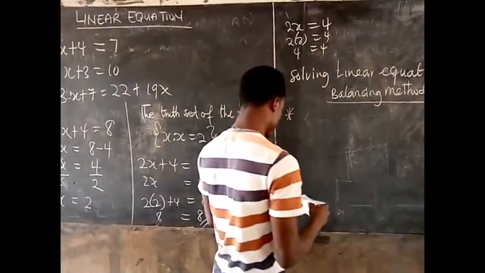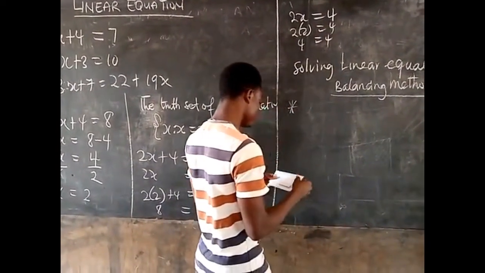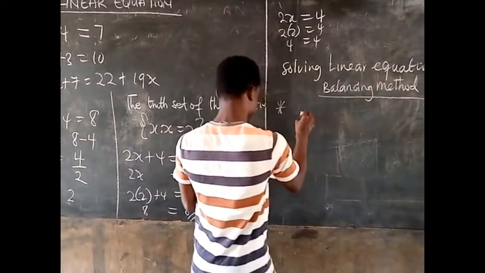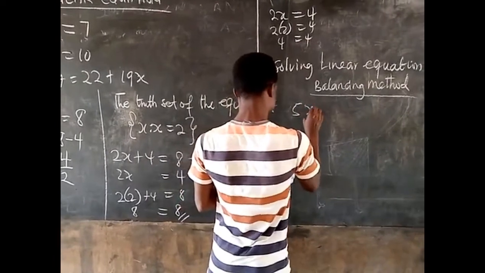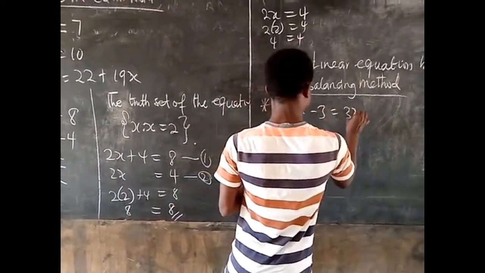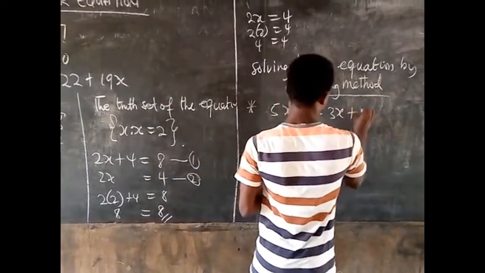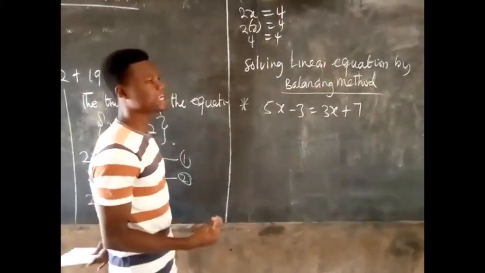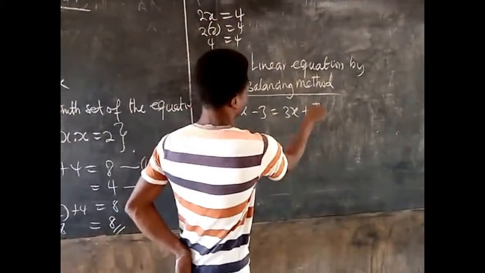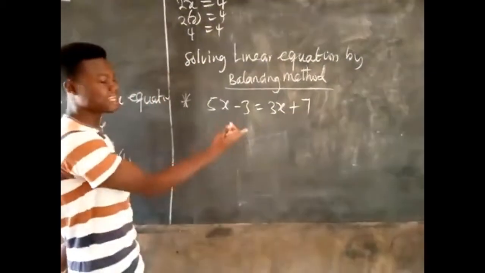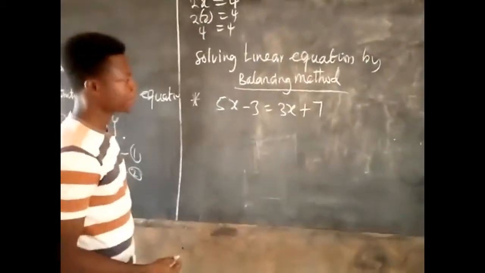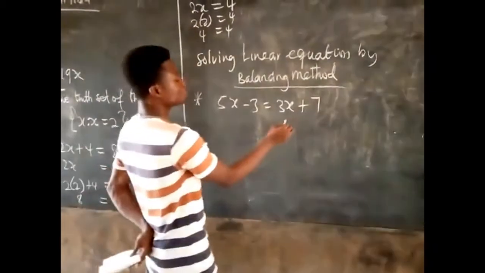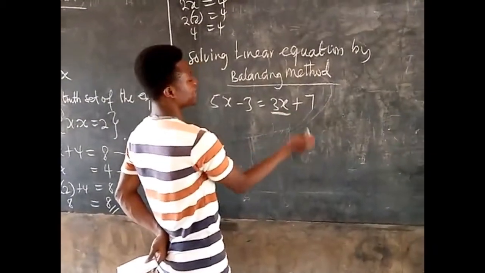Let's take an example of solving a linear equation using the balancing method: 5x - 3 = 3x + 7. In the balancing method, all we need to do is eliminate some of the terms from the equation. So we want to eliminate 3x from the equation.